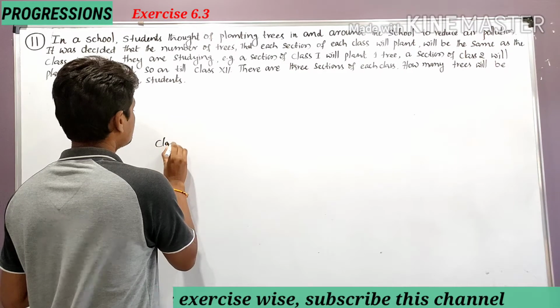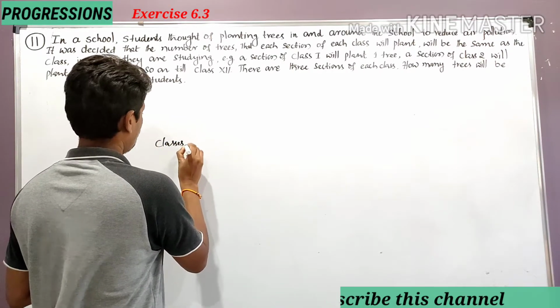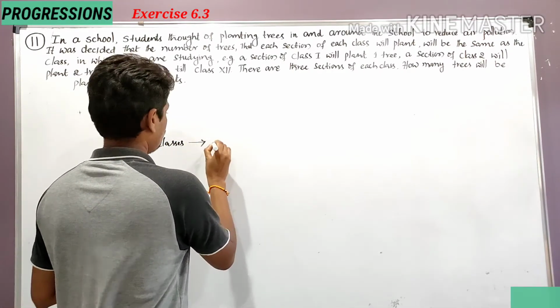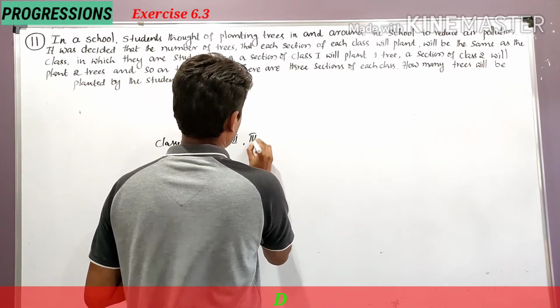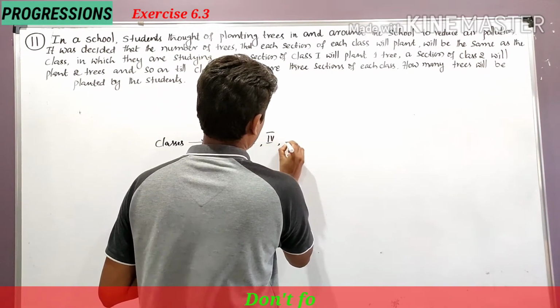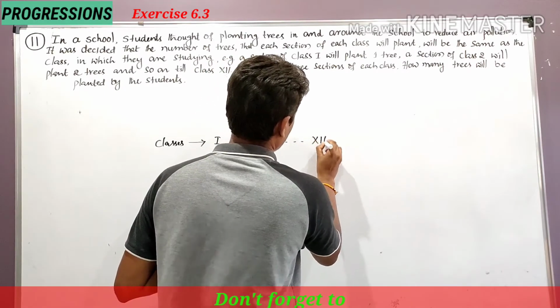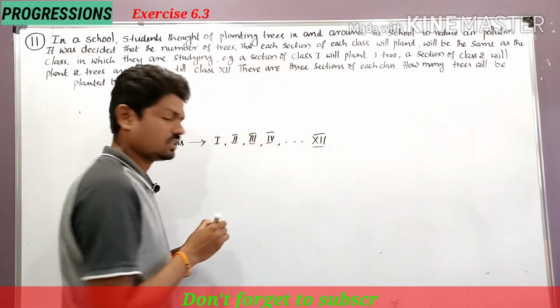So how many classes? There are 12 classes: 1, 2, 3, 4, like this up to 12.